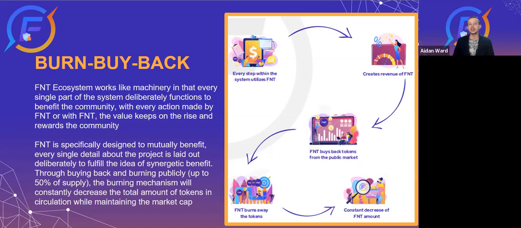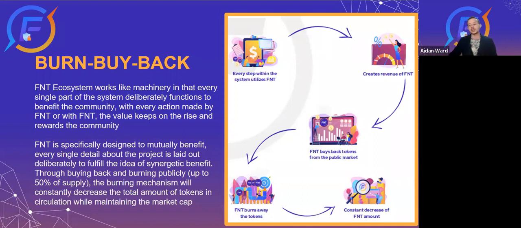So the difference between Crew and FNT, or one of the bigger ones, is the fact that we are actually burning some of the FNTs, up to 50% actually. So let's say, Ian, you wanted to liquidate $500 worth of FNTs on an exchange. You need to catch a flight to New Zealand or whatever, awesome, fantastic, right.